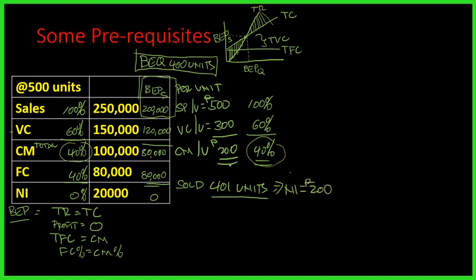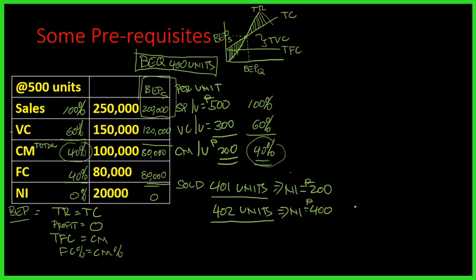Contribution margin per unit. If you were able to sell, let's say, 402 units, how much will be your net income? Net income will now be equal to 400 pesos. O di yan, dali-dali na lang pala, di ba?